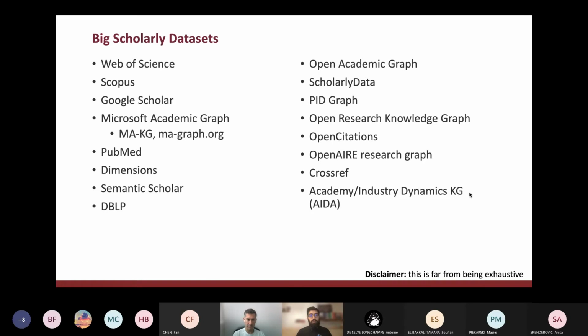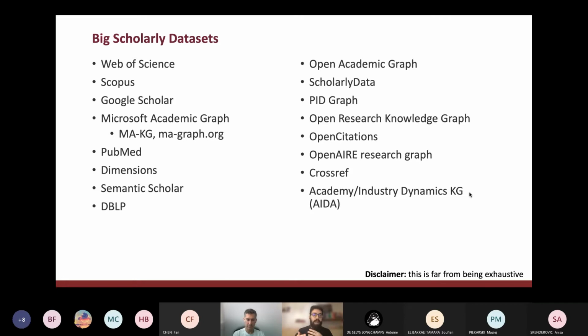The commercial reply to Web of Science was Scopus, which was built only after 40 years, in 2004. So between 1964 and 2000, Web of Science was the dominant scholarly knowledge graph that was available.